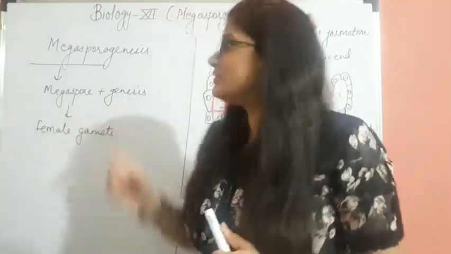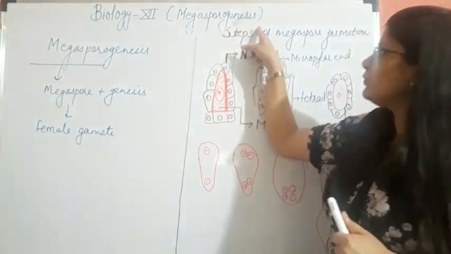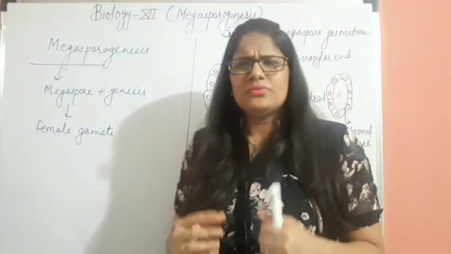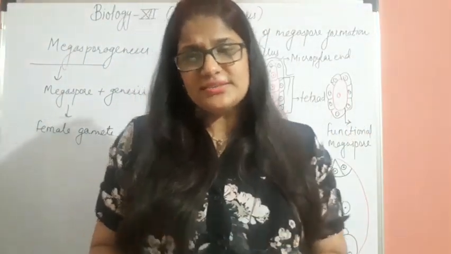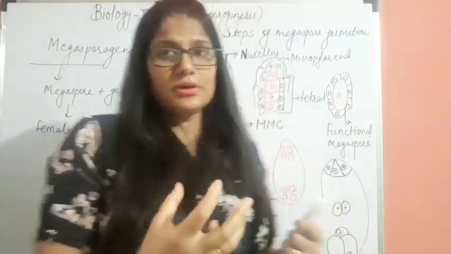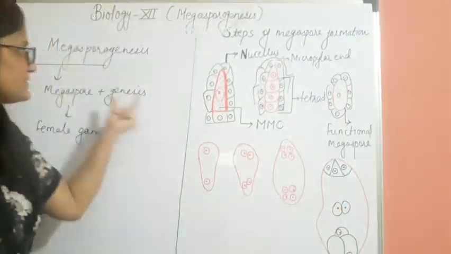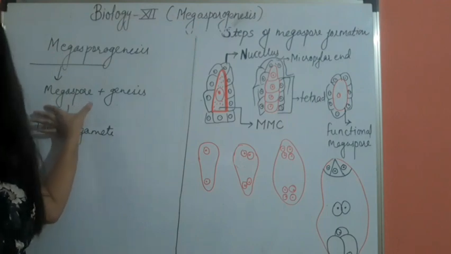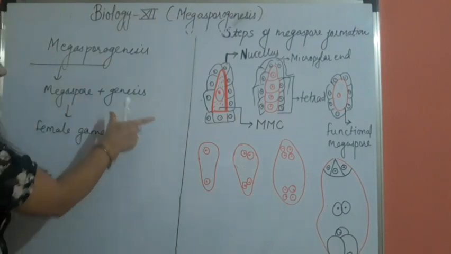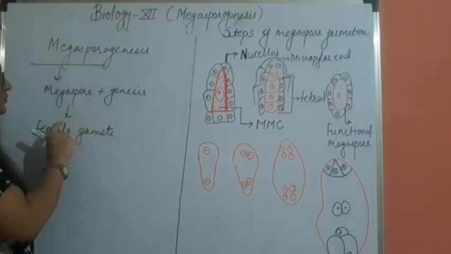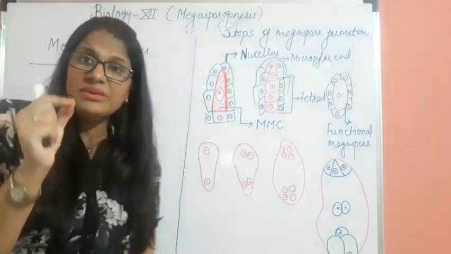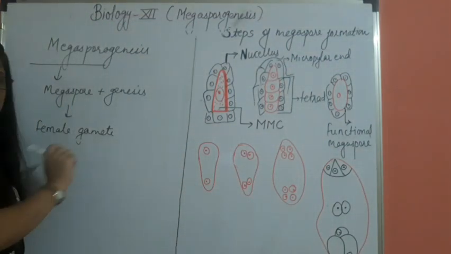So now we'll start with Megasporogenesis. First of all, what is Megasporogenesis? The word Megasporogenesis is comprised of two parts, Megaspore and Genesis. Megaspore is the female gamete.